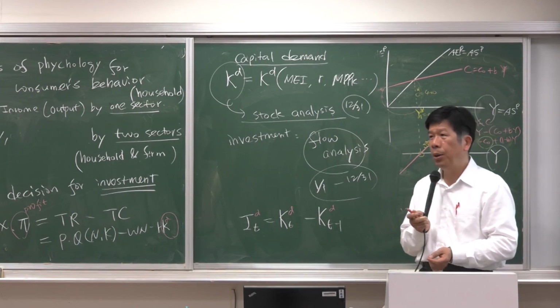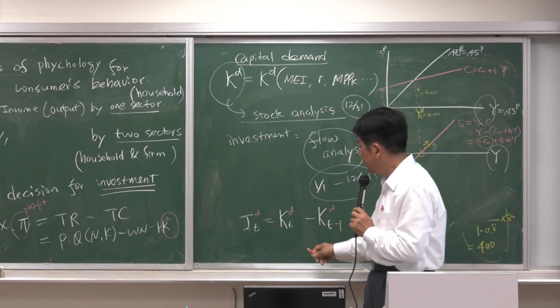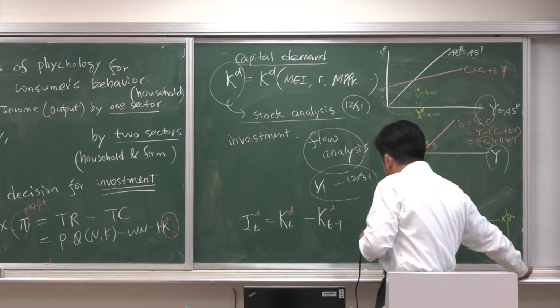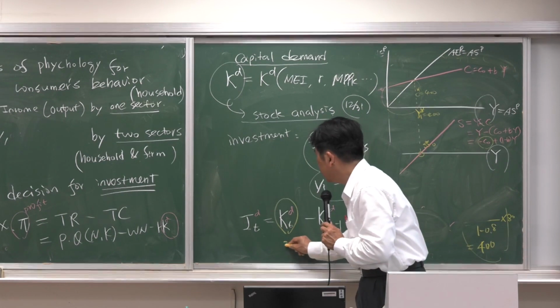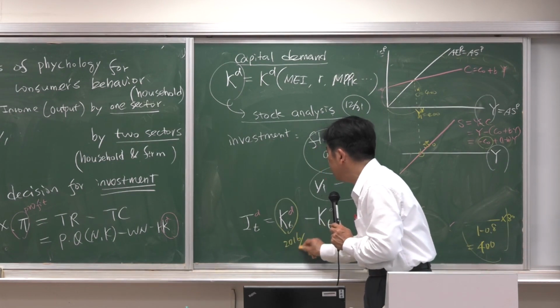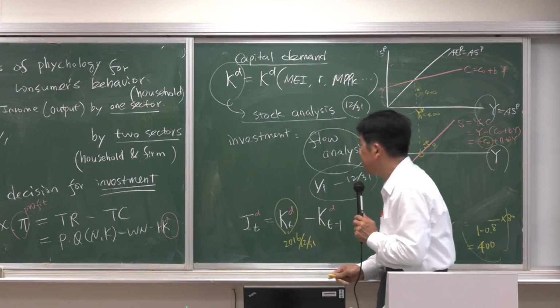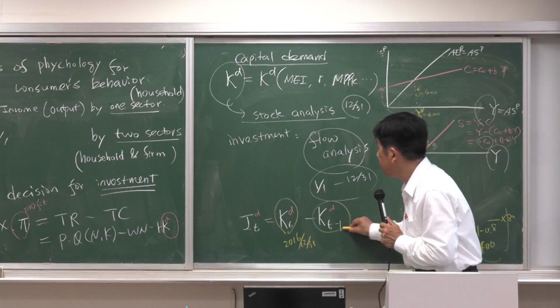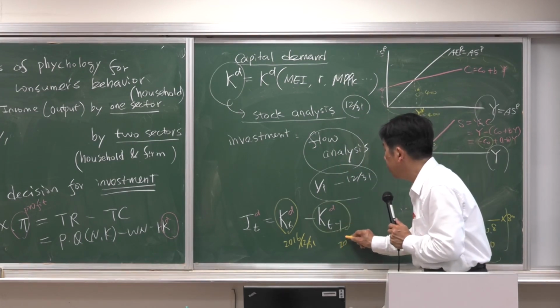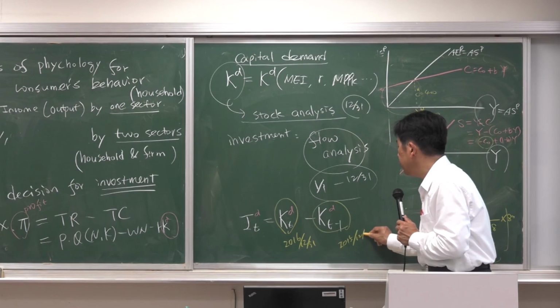Okay, so sometimes you can see, for example, this represents December 31, 2016. And this represents 2015. This is the year.